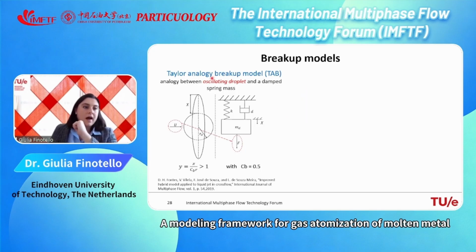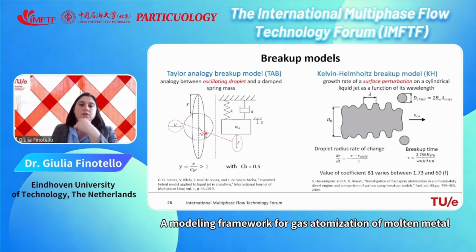The Taylor Analogy Breakup model uses the analogy between an oscillating droplet and a damped mass. So if the droplet is stretching and oscillating above a certain threshold, then it will break up into smaller droplets.